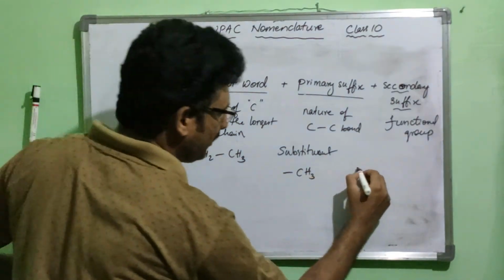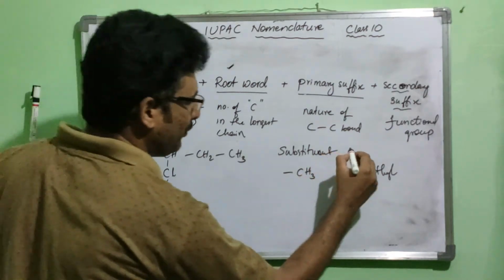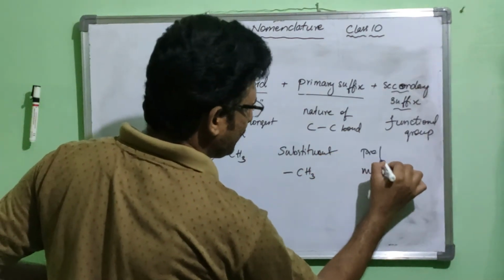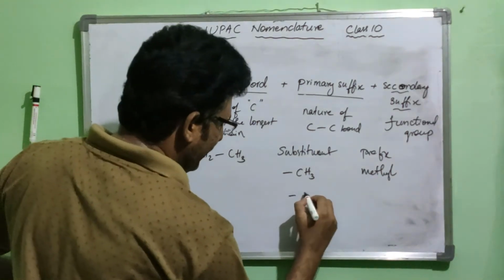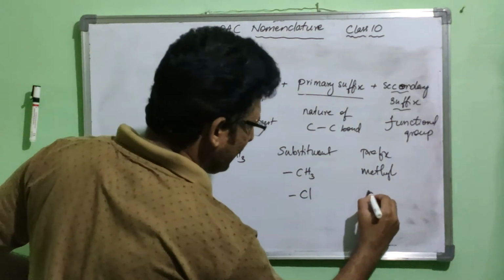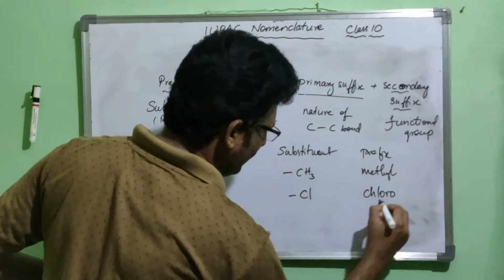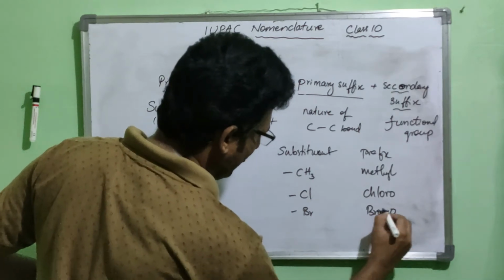CH3 is a methyl substituent, or methyl group. The prefix you write will be methyl only. And it can be Cl like this. If Cl comes, you will write chloro. If Br comes, you will write bromo.